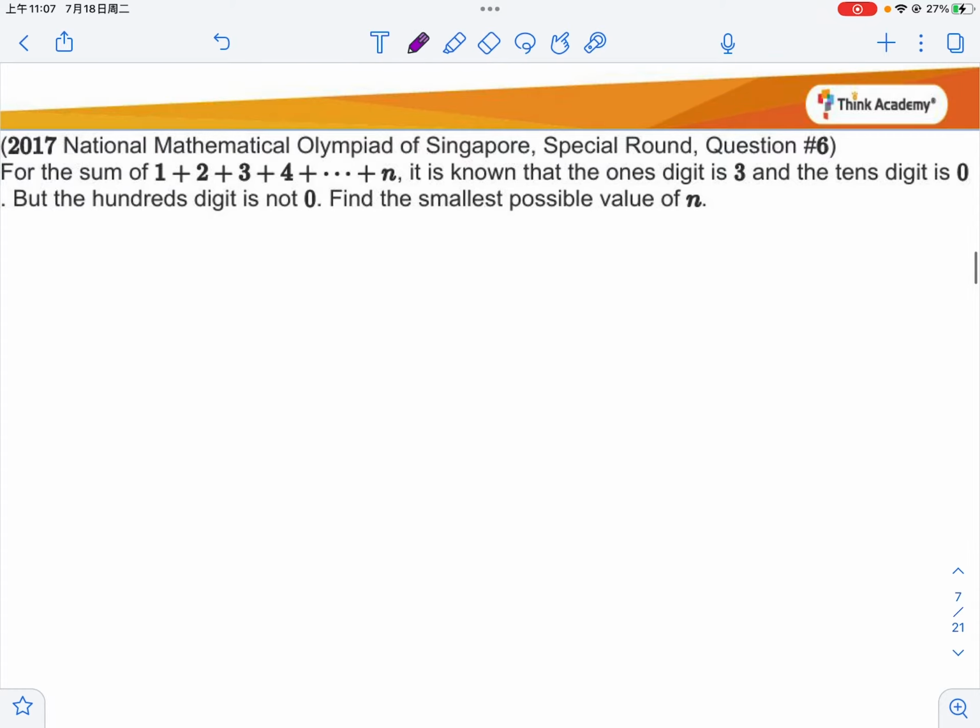For this one, for the sum of 1 plus 2 up to n, do you know the sum formula? The conclusion is n times (1 plus 2n) should be there, n times (n plus 1).